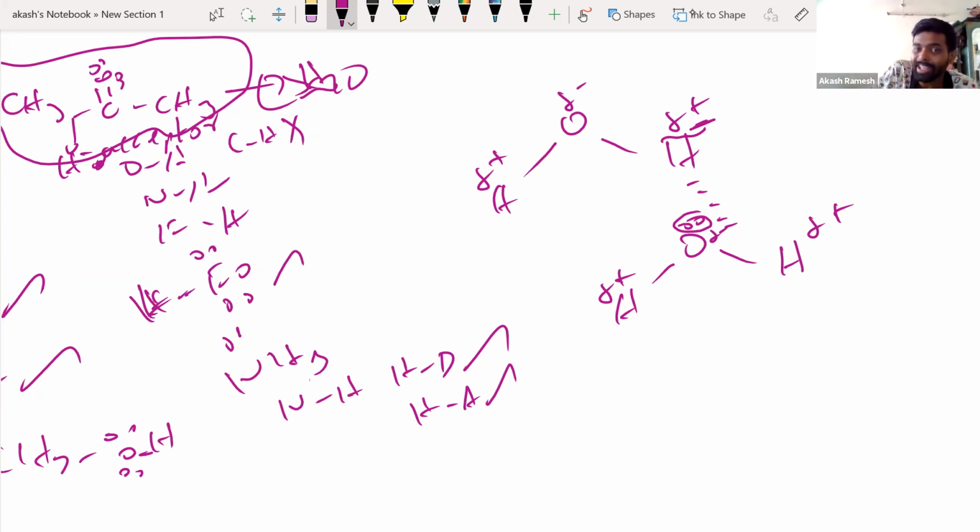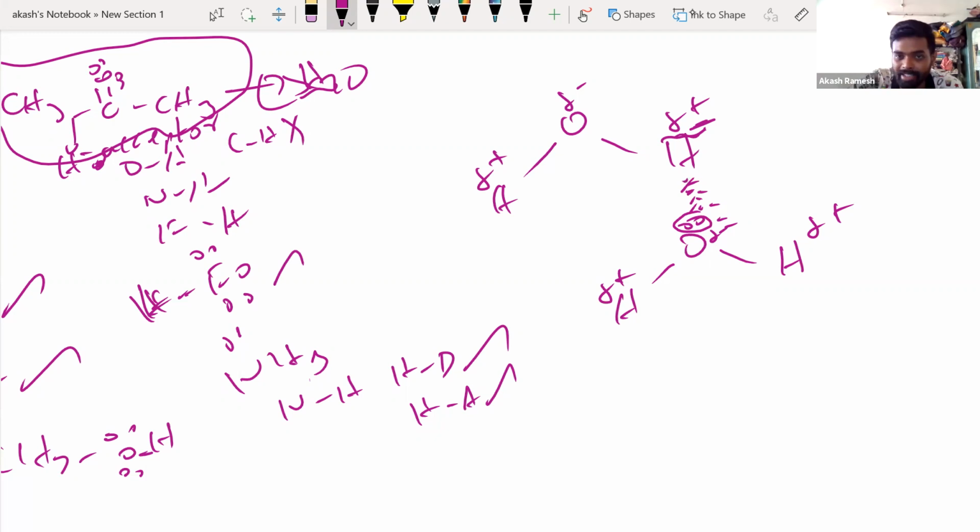So either you say that there is an interaction between del positive and del negative, or you understand it as an interaction between del positive and the lone pair. Both are right. But I would say the interaction between del positive and lone pair will be used more. It's not that only that should be used, but it is easier for us to understand certain phenomena if you understand this.